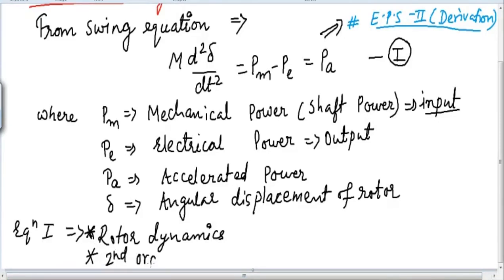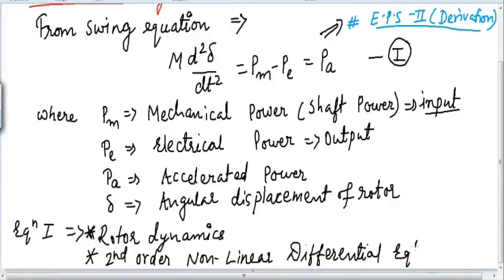So if we are able to solve this equation, then we can get the solution of this swing equation, and with the help of that we can conclude about the rotor dynamics.